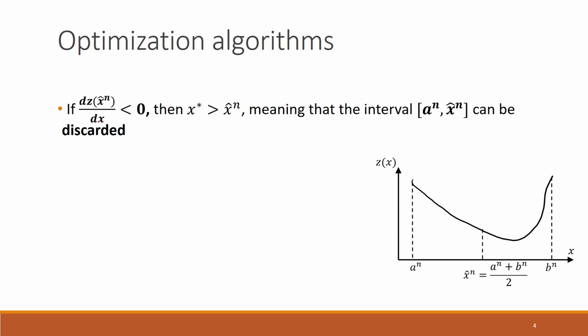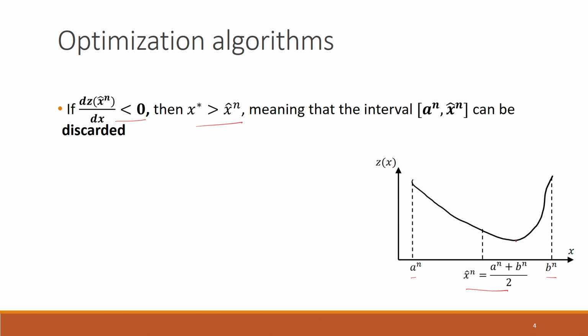If the derivative of this objective function at x hat n, the middle point of the current iteration, is negative, then the optimum solution should lie on the right side of this middle point. You can take a look at this diagram. Suppose we have to minimize this function z(x), and the current interval is given by a_n and b_n, and this is the middle point of the current interval.